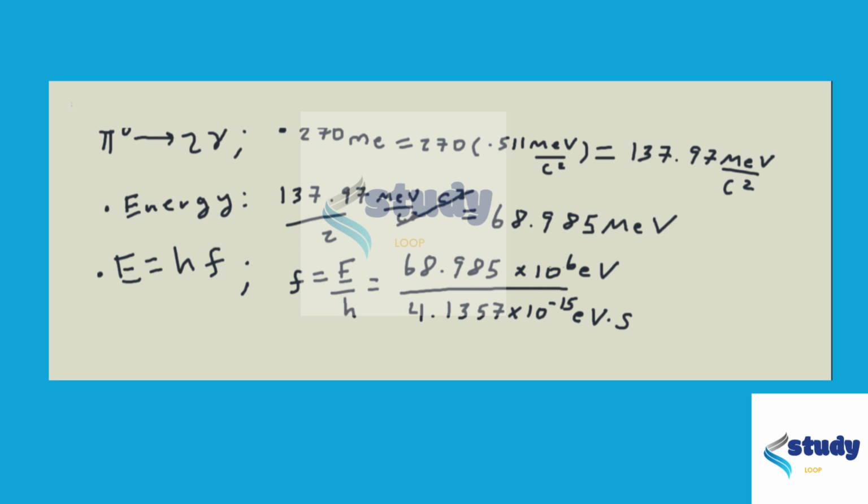Frequency is 1 over second, or hertz. So when we solve this out, we get 1.67 times 10 to the 22nd hertz, a very high frequency.